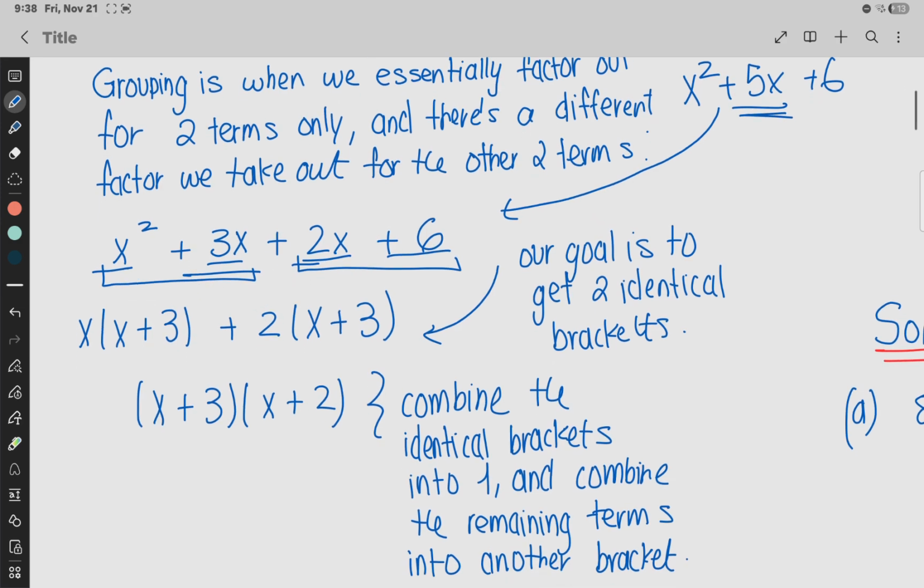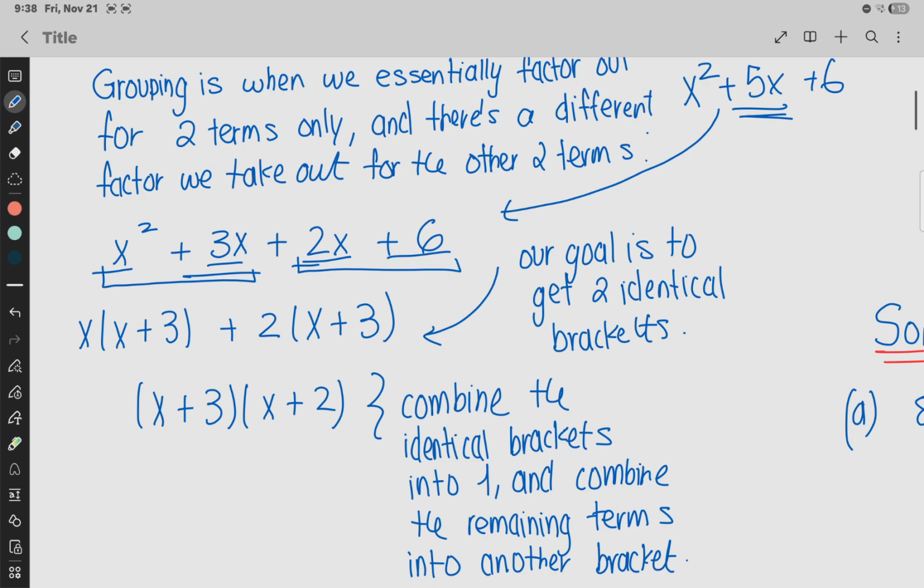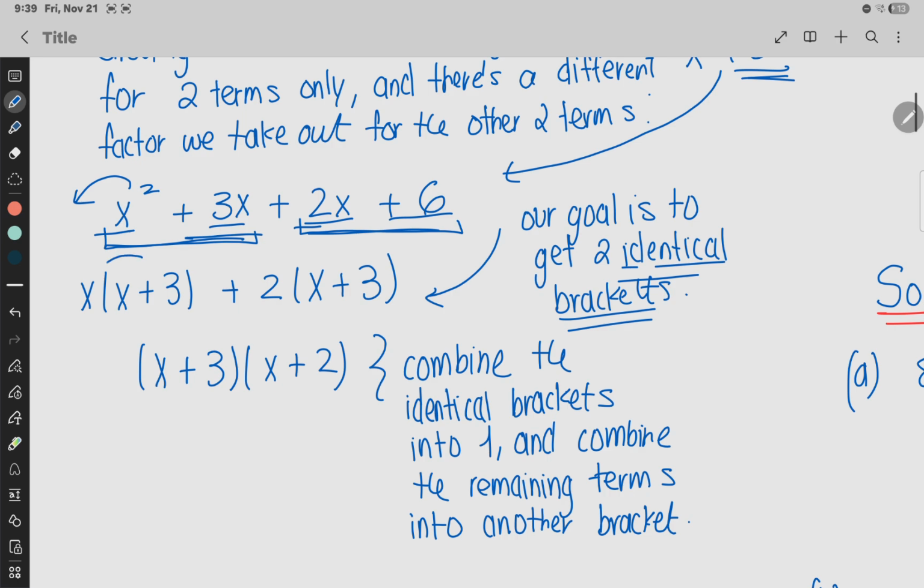Our goal here is to get two identical brackets. From the common factors we've taken out of these two sets of terms, we want a pair of identical brackets, in this case x plus 3.